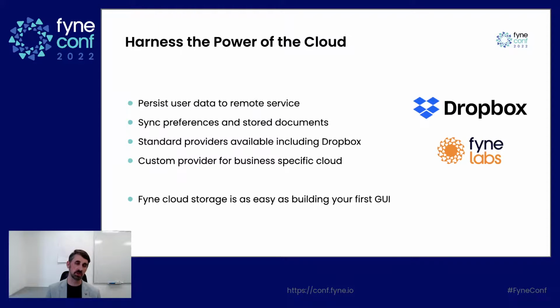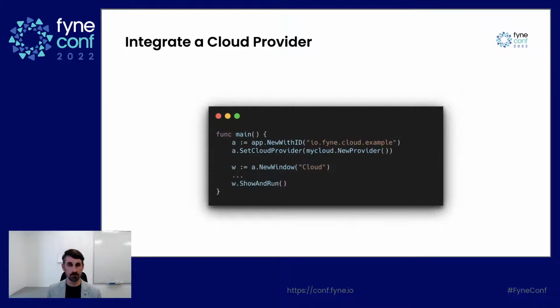So let's jump into a little bit of code here. How would you integrate a cloud provider, assuming that you found the one that you were looking for, into your application? Well, here we have our application main. It probably looks quite familiar. We're setting up an app, we're creating a new window, and we're running it. The key difference here is we've called set cloud provider.